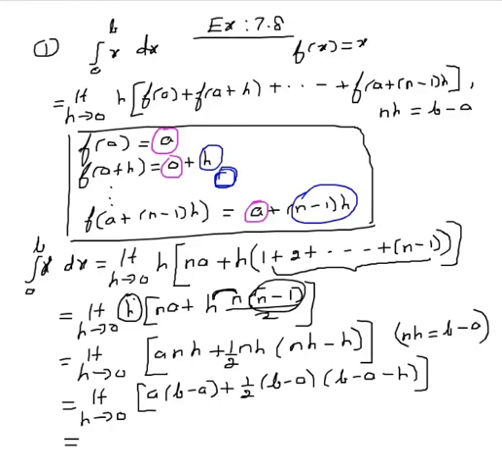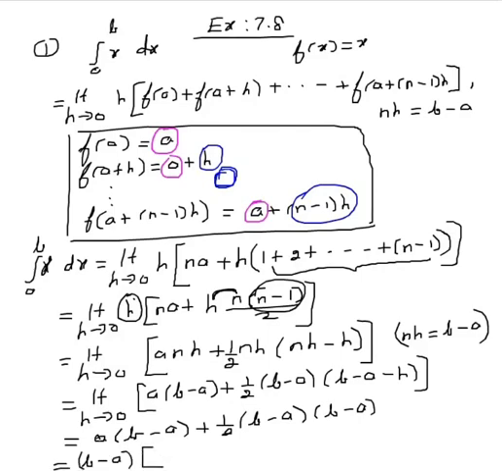Now apply the limit value. h as 0. So a times b minus a plus half b minus a. h is 0, so this term also becomes b minus a. b minus a is common.